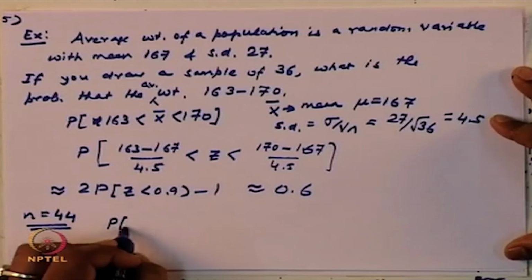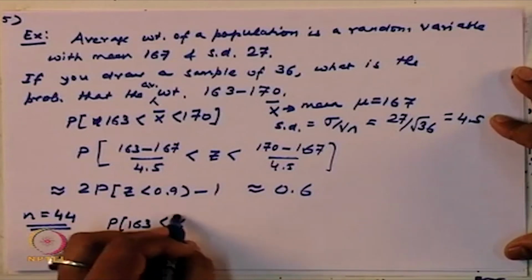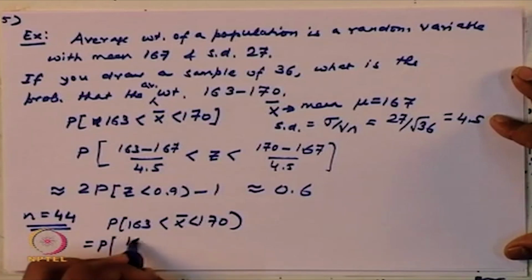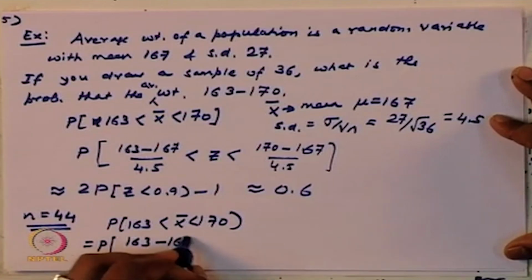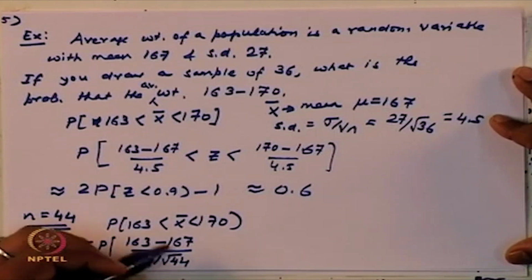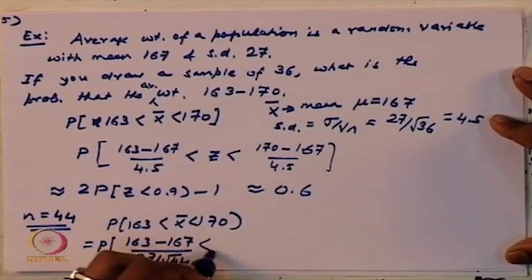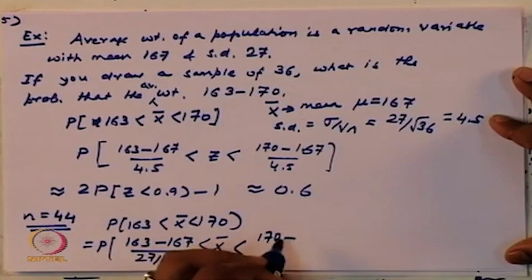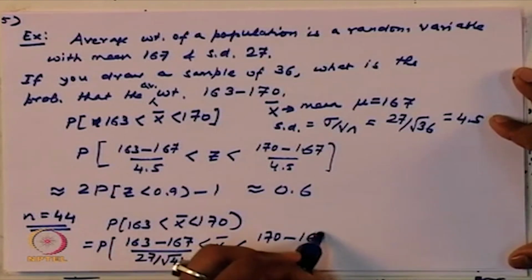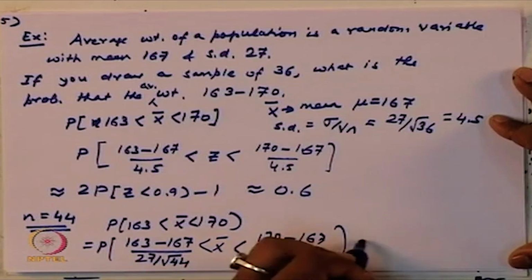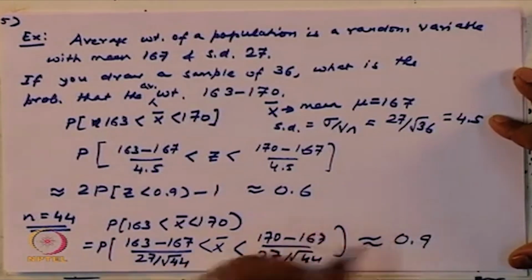But if you use the sample size of 44 and do the same calculation, then the probability of 163 less than x bar less than 170 would be the probability of (163 minus 167) divided by 27 by root of 44, less than z less than (170 minus 167) divided by 27 by root of 44, and this probability turns out to be 0.9.